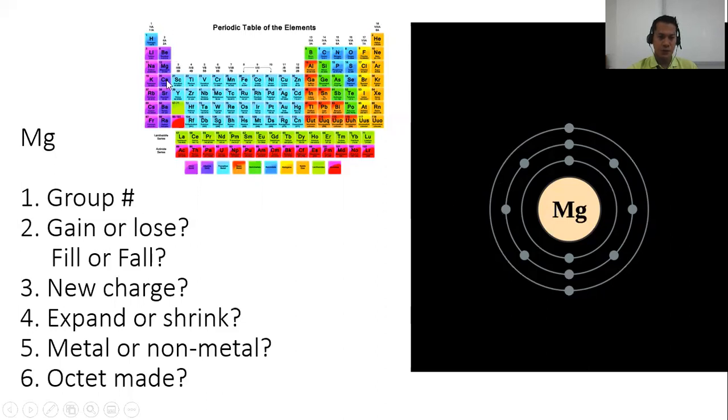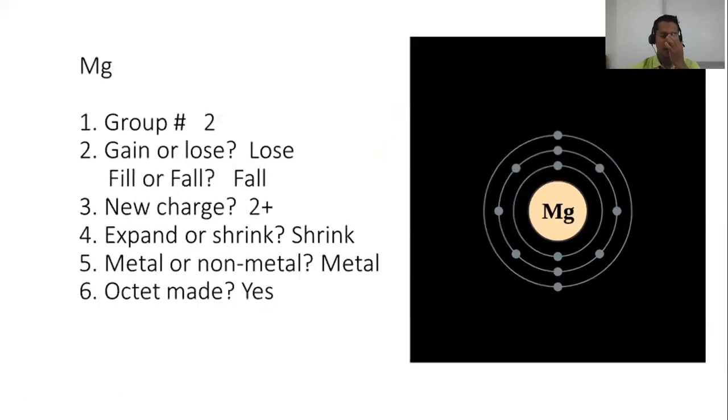Group 2 tells us that there are 2 electrons in the outer shell. Is that correct? Yes, because magnesium has 12 protons, 12 electrons. So 2, 8, 2. Got it? So what's our answer here? Our answer here is group 2.